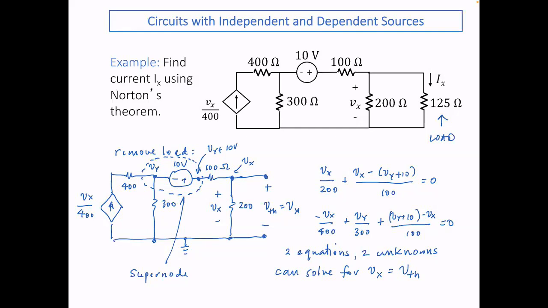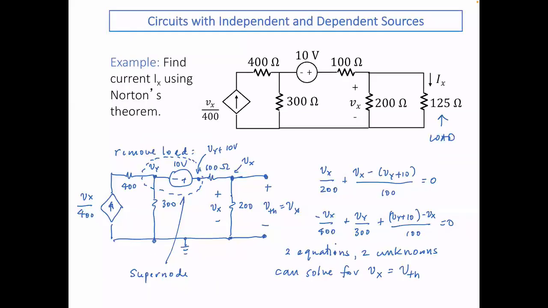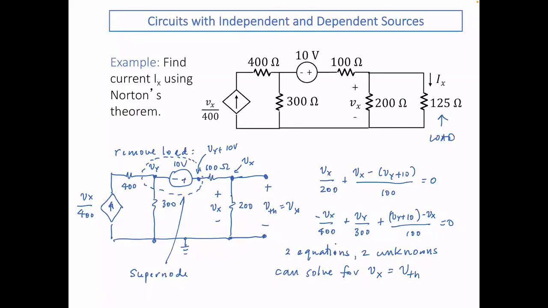How do I compute the Thevenin resistance? I also need to know the short circuit current that will flow through here. That one is a little bit easier. Let's see. Yeah, it's current source, no? This is current source. So Vx over 400, 300.